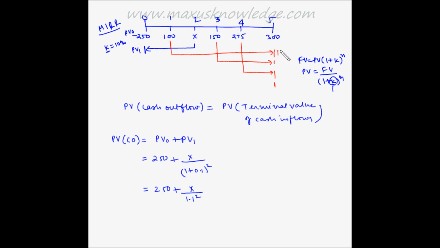So this will be FV1, FV2, FV3 and FV4. And when we add all of them up, we get the terminal value of the cash inflows. Now this future value of these cash inflows will also be compounded at the cost of capital, which is 10%. So K equals 10%.